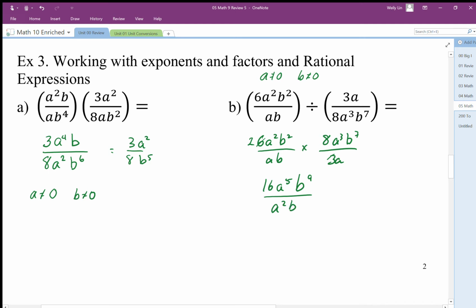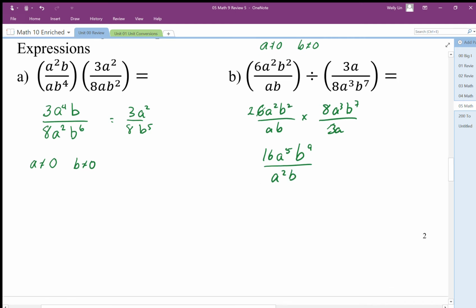And now I can count up my times and divides for a. So I have a multiplied 5 times, divided twice. So I'm going to have an extra 3 a's here. And with the b's, I have 9 times, 1 divide, or 1 cancels out. So I'm left with b to the power of 8.